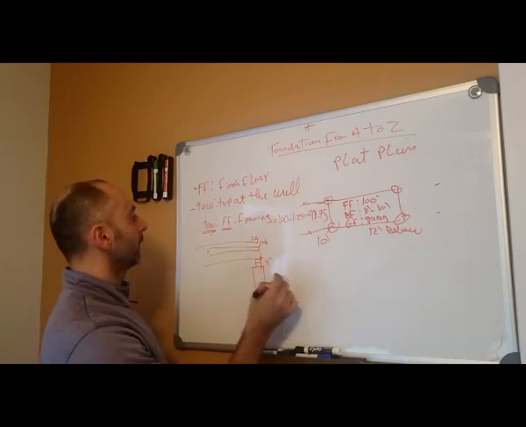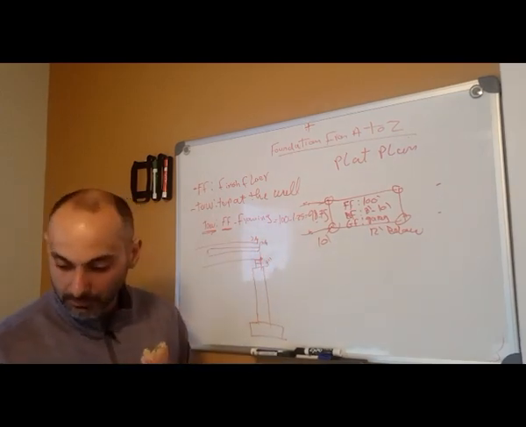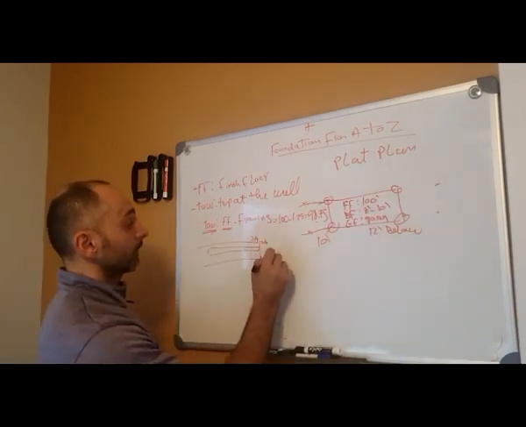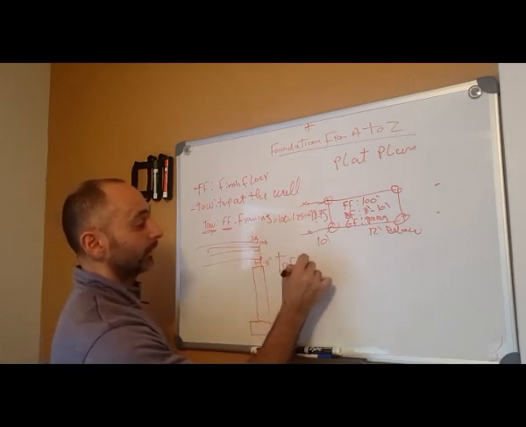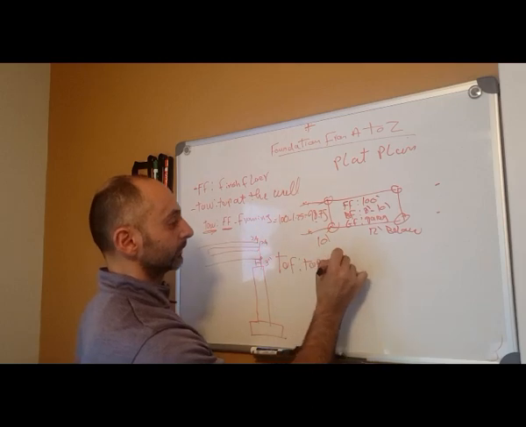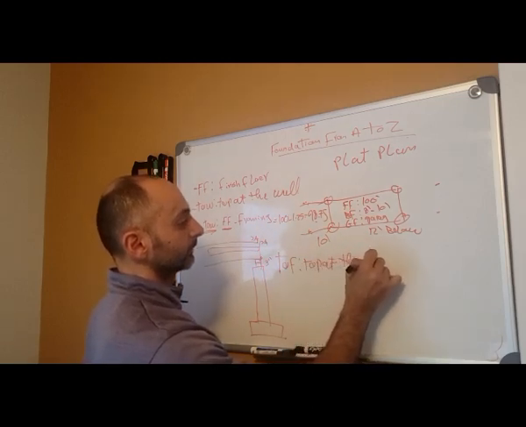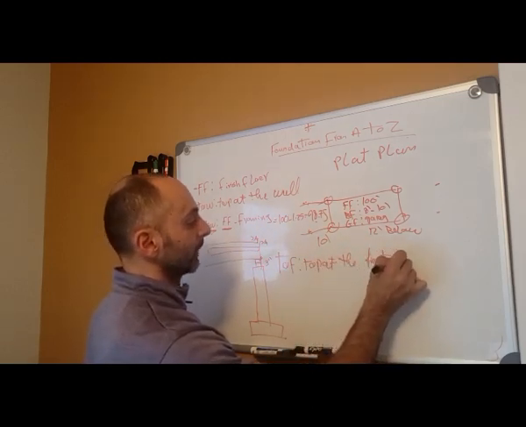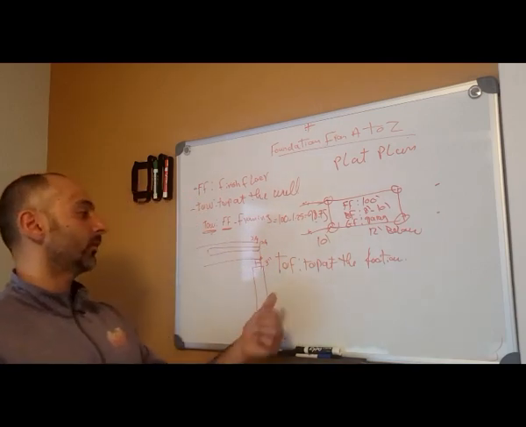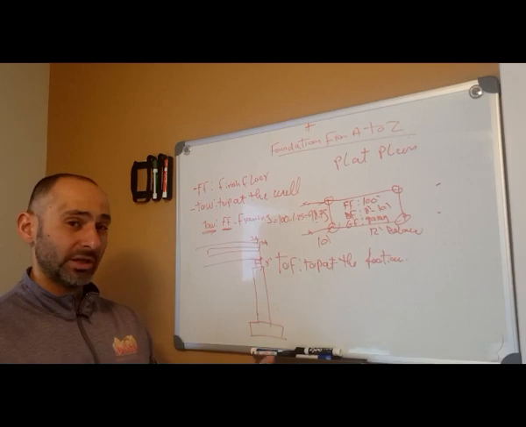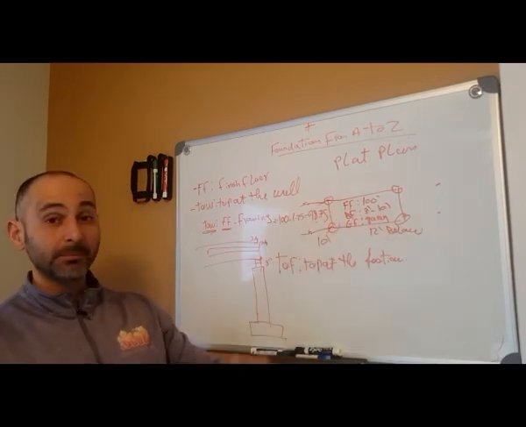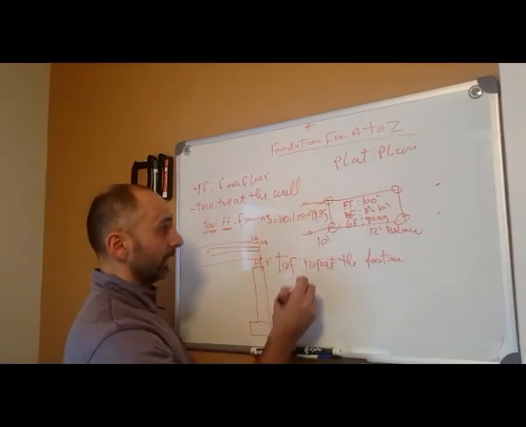Then you can move to the next one, which would be top of the footing. This would depend on the basement height. Some basements are 8 feet, some basements are 10 feet. So check your BF.